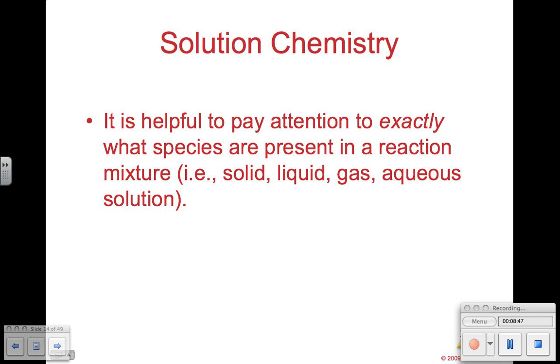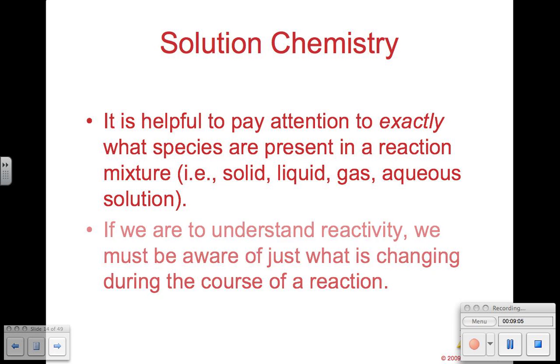When we pay attention to a reaction, it's really important to pay attention to what form each species is in. Does it start out as a solid? Does it end as a solid? Does it start as an aqueous solution? Does it start as a liquid? How does it change? That allows you to predict the product, or what you're going to see, so predicting what the reaction looks like.